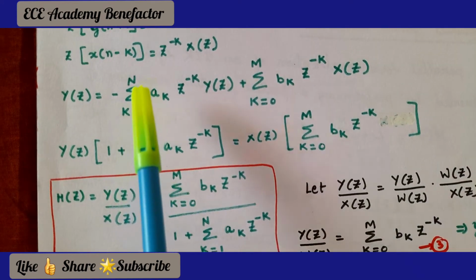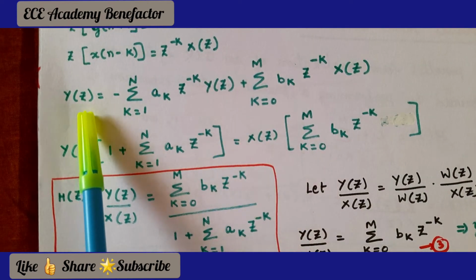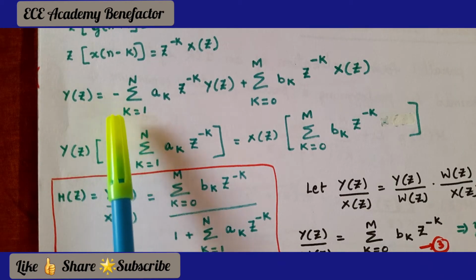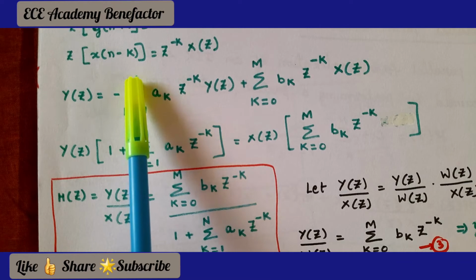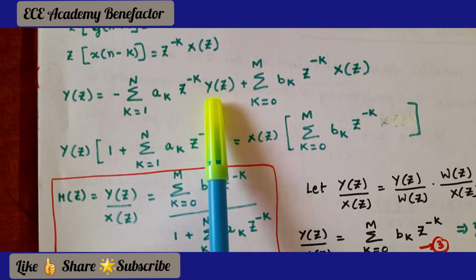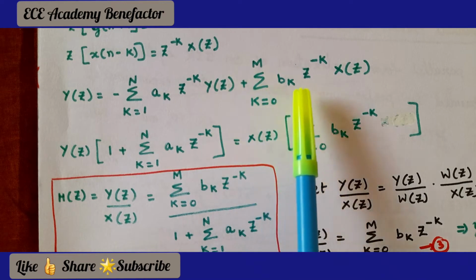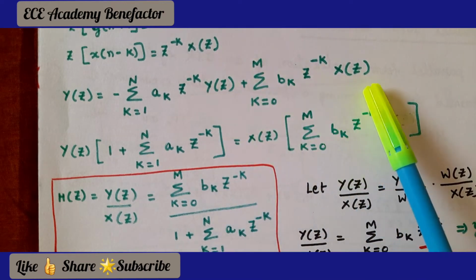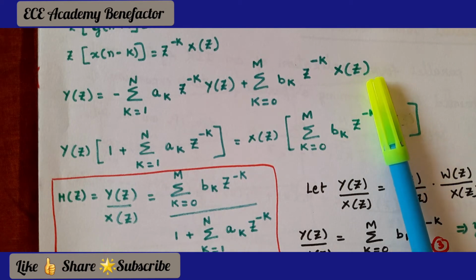So, applying Z transform to the LTI recursive system, it will come as Y of z equals minus of summation k is equal to 1 to capital N a k z to the power minus k Y of z plus summation b k, k is varying from 0 to capital M, z to the power minus k X of z.